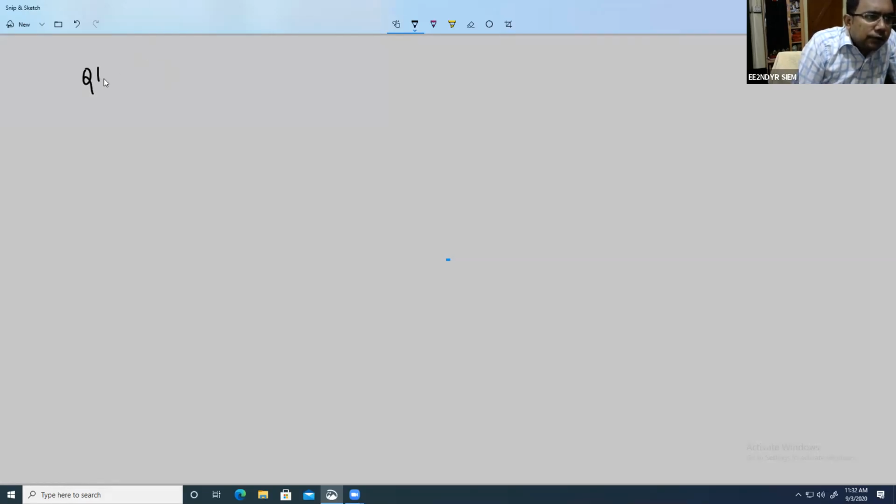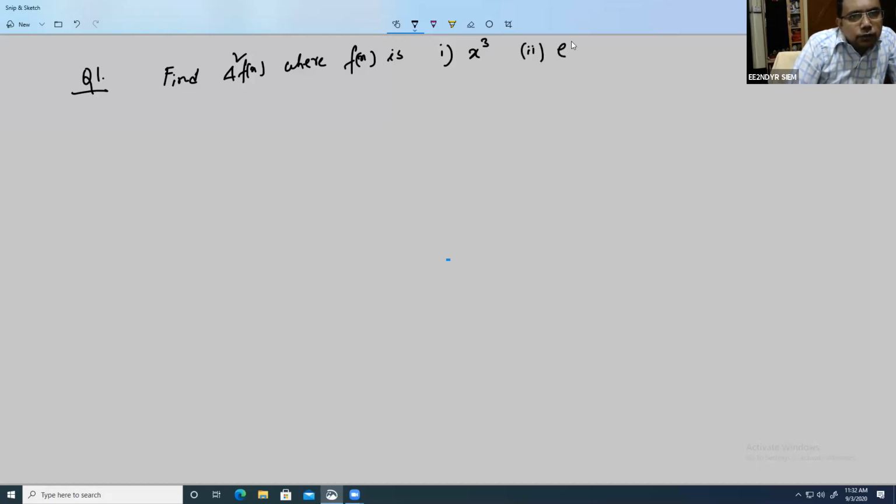Question number 1: find del square f of x where f of x is x cube. Question number 2 is e to the power x. Out of these 2, you will get at least 1 for 5 marks. So solution.